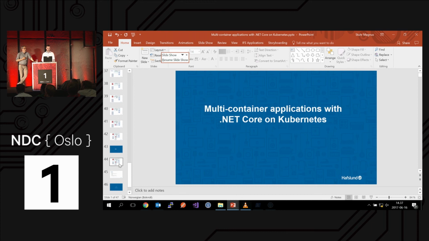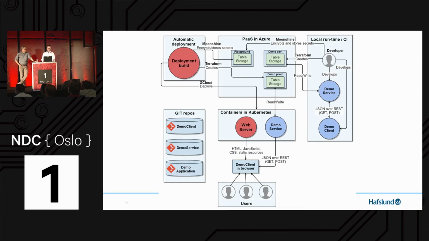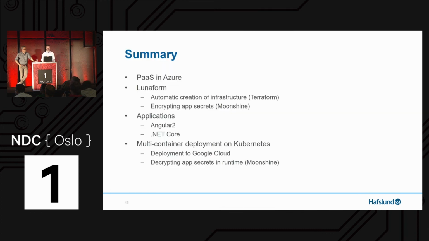So this is basically where we left off. This is the entire architecture for what we just showed you. And the summary is basically this. We run platform as a service in Azure, where we usually have our databases and storage accounts and Application Insights logging and stuff like that.